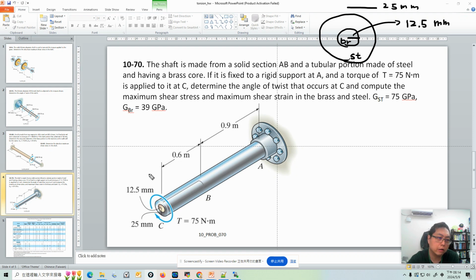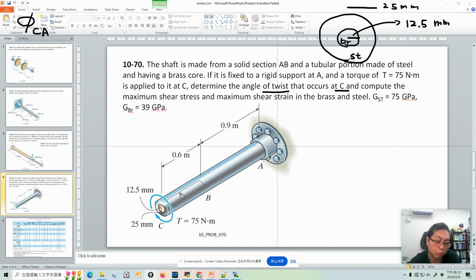First of all, it said to determine the angle of twist at C, so he wants us to calculate phi CA, the angle of twist of C with respect to A. Because this bar is made of two sections, a solid section and a coaxial section, the angle of twist in the BC section is different from the angle of twist in the AB section.